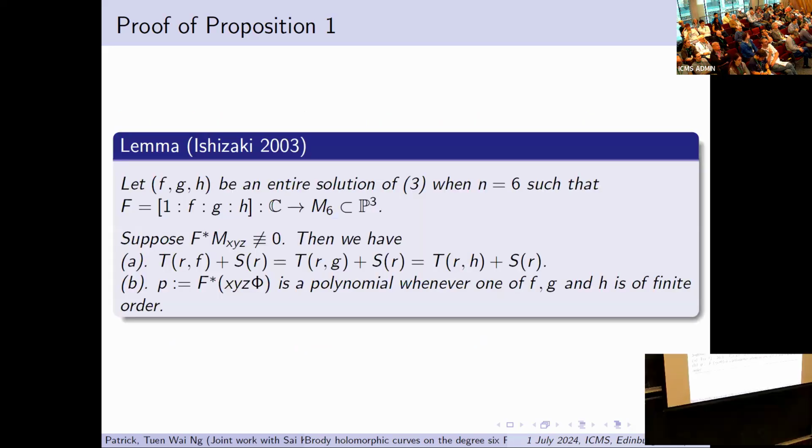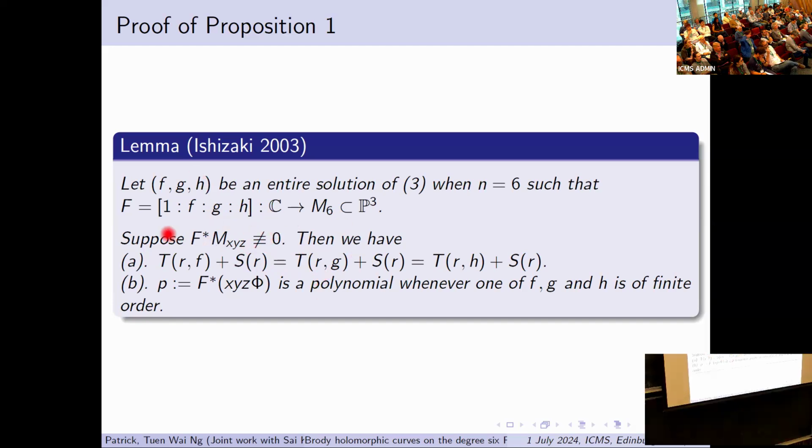Now I need to use a fact from a paper of Ishizaki, which says the following. If you have an entire curve lying inside the Fermat surface of degree 6, and you assume this is non-zero, not constantly equal to 0. We recall that if this pullback of mxyz by f is constantly equal to 0, this is the same as p equal to 0. So let's assume this is not the case.